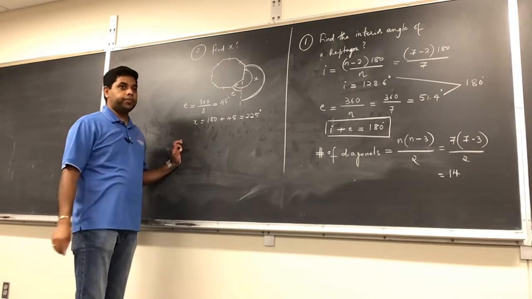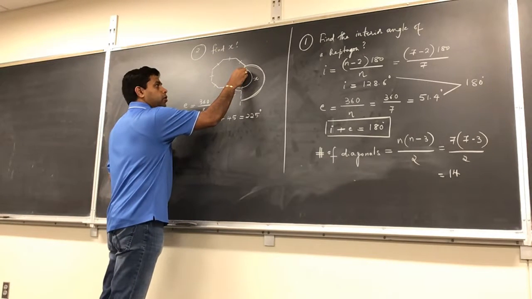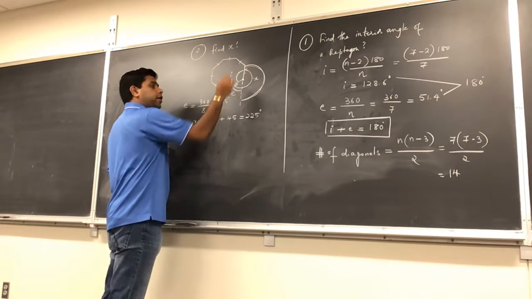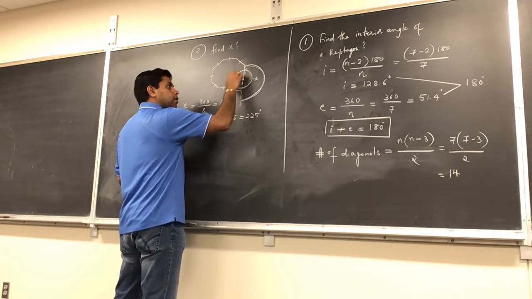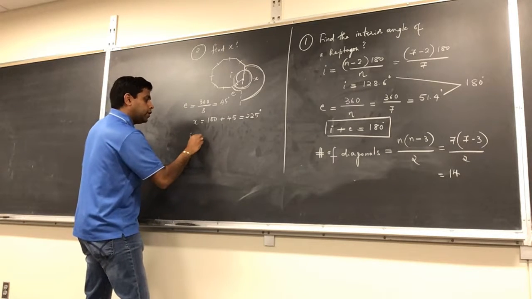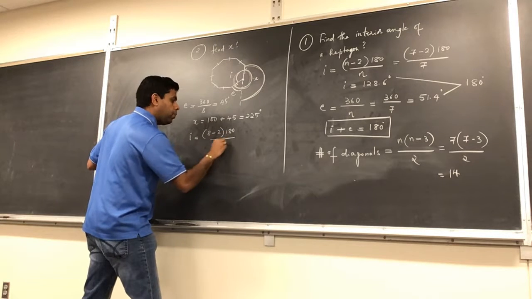Yeah, I just found the interior and then subtracted it. You can also do this, right? You can find this angle. This is your interior angle, right? And this entire thing is a circle. Am I right? So what is the interior angle? 8 minus 2 times 180 divided by 8.